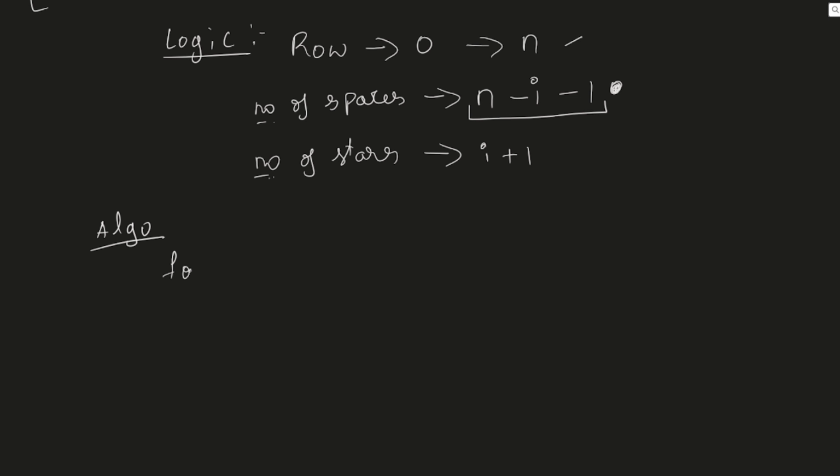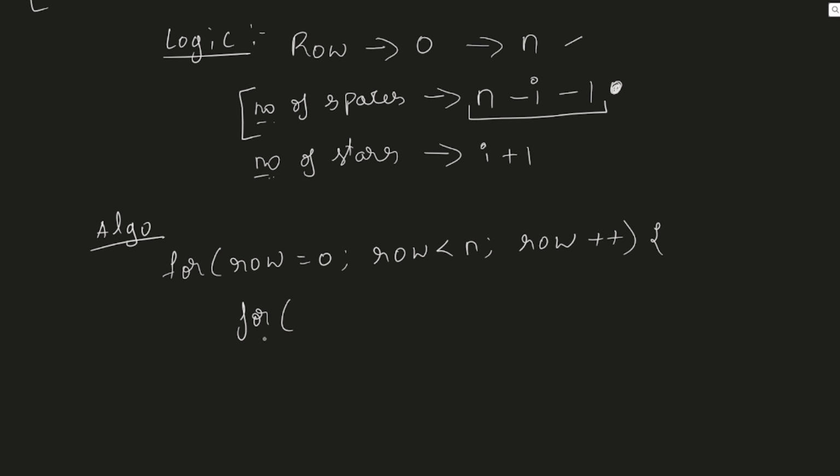As always, first for loop for row starts from 0, goes till n, gets incremented after completing the row. As I've already mentioned, we need to write a separate for loop to print the spaces, as the spaces are prefixed before the star. Separate for loop. Let me just add a comment over here.